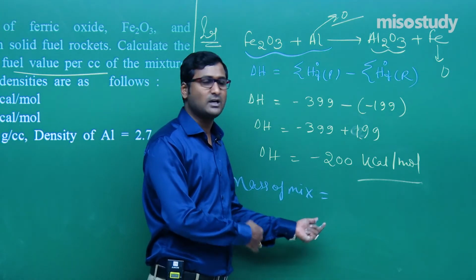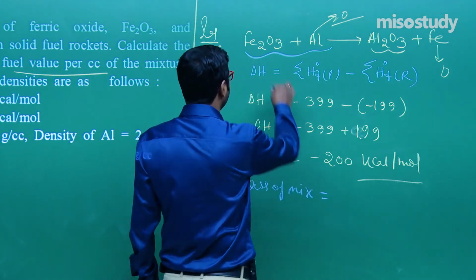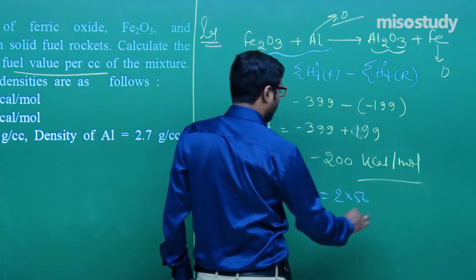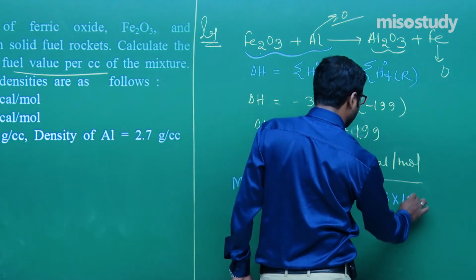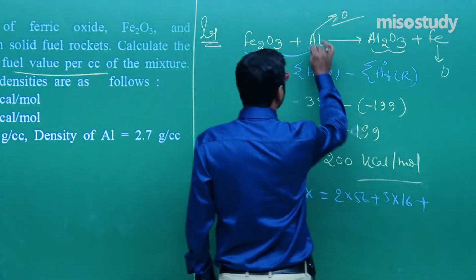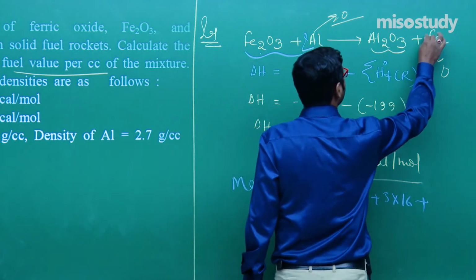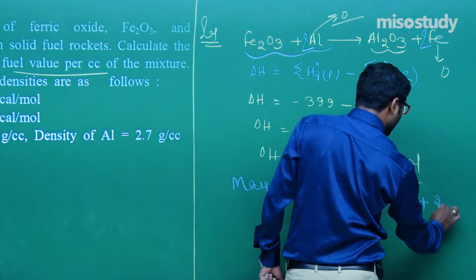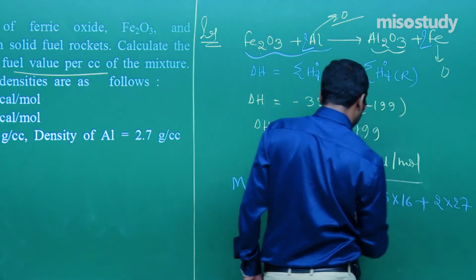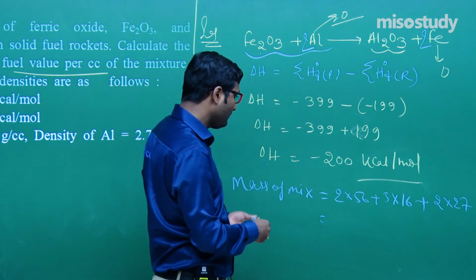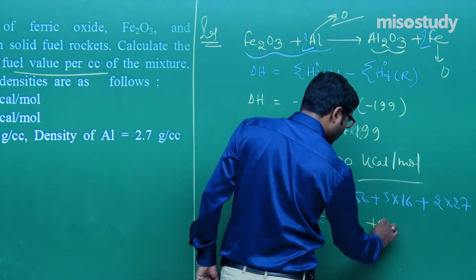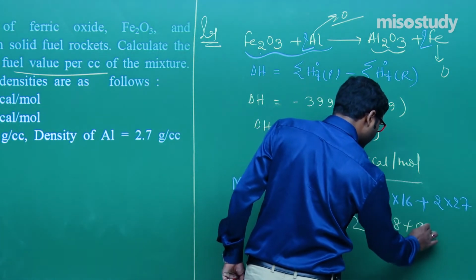Fe2O3: what is the molecular mass? 2 into 56 plus 3 into 16. For aluminum, balance the reaction, that is 2 into 27. Clear? Now 112 plus 48 plus 54.